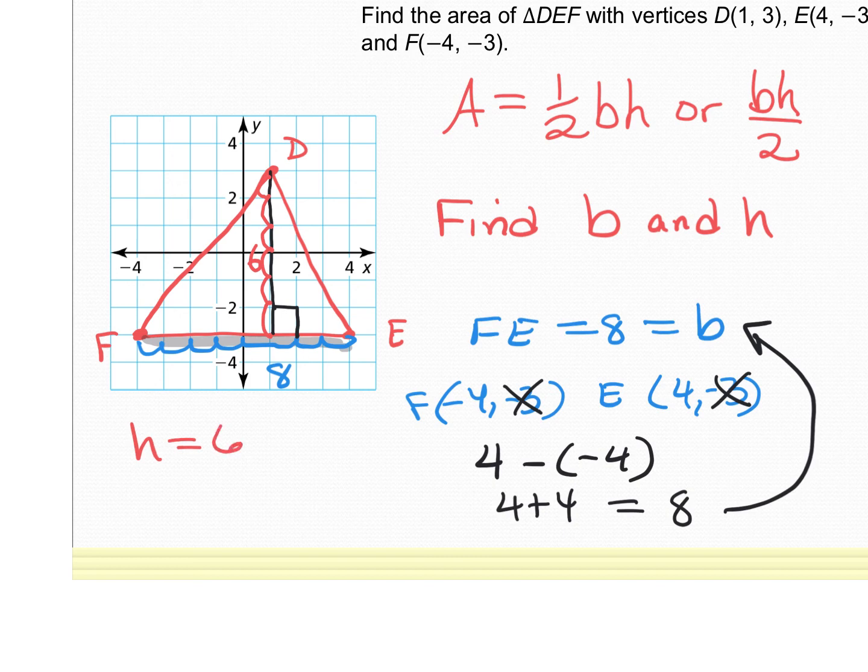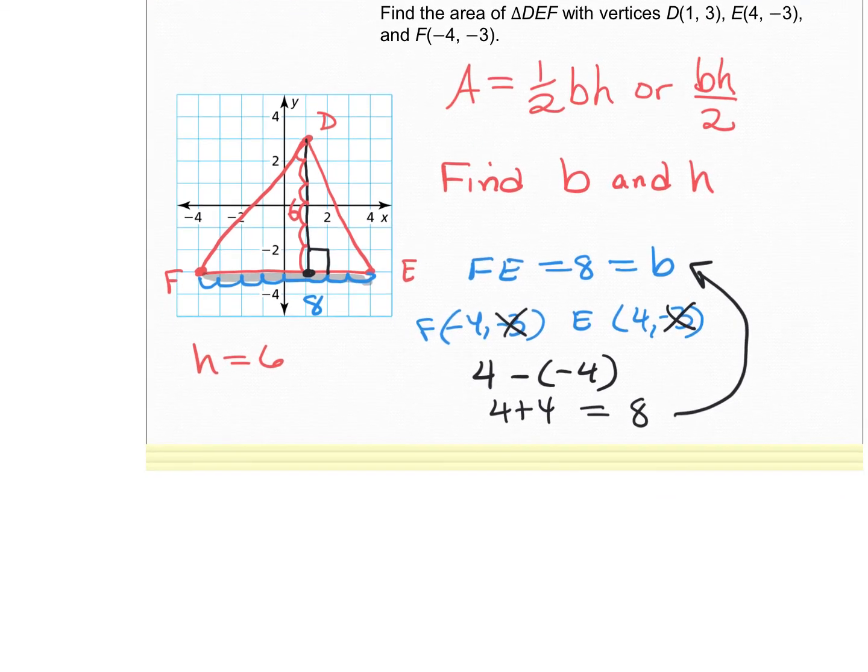If you want to figure out what the coordinate was when you drew down, you could also subtract those. But again, if you've got a coordinate plane and you've graphed the ordered pairs correctly, it's so much easier just to count whenever the line is horizontal or vertical. So now that I have both the base and the height, now I can plug it into my formula. So again, area equals 1/2 base times height.